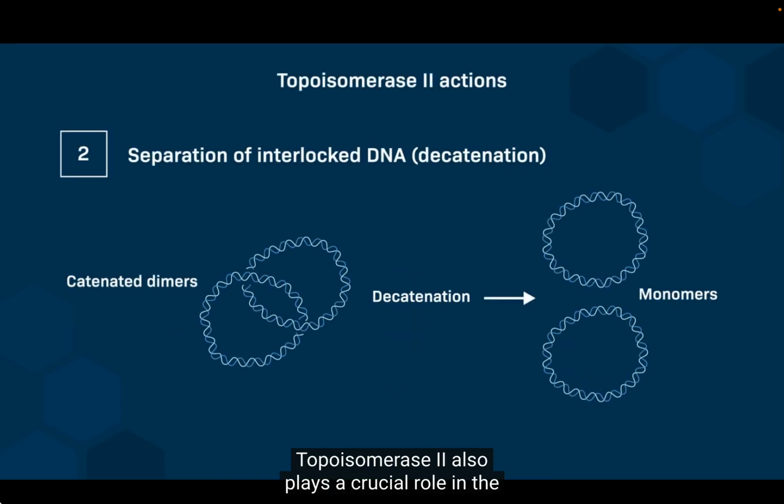Topoisomerase II also plays a crucial role in the separation of interlinked circular DNA molecules, a process called decatenation. During decatenation, the enzyme cuts one of the DNA molecules, which allows the other to pass through the break and effectively disentangles them.